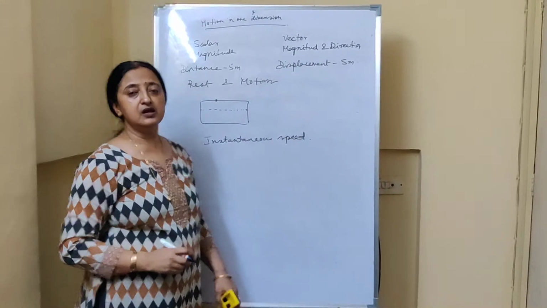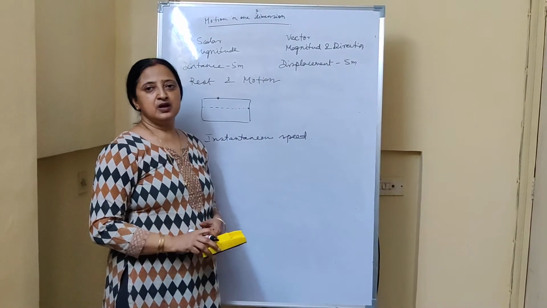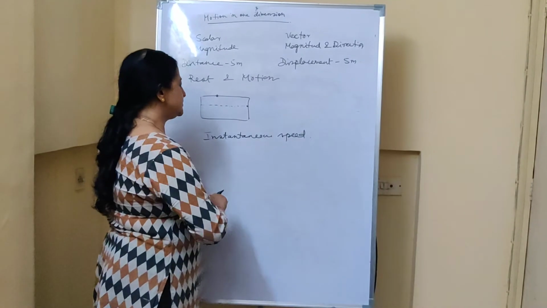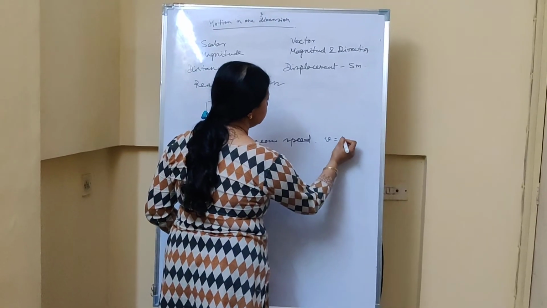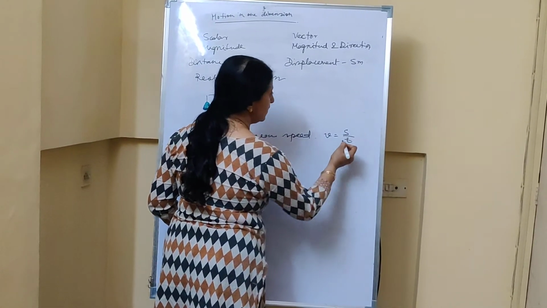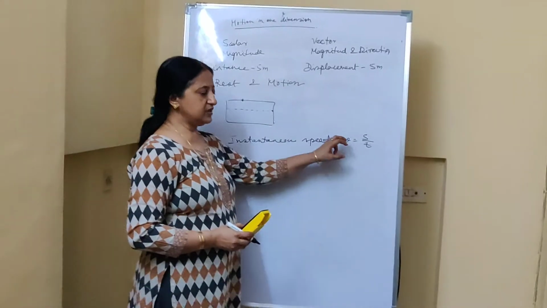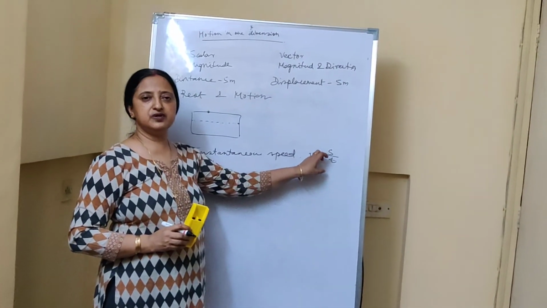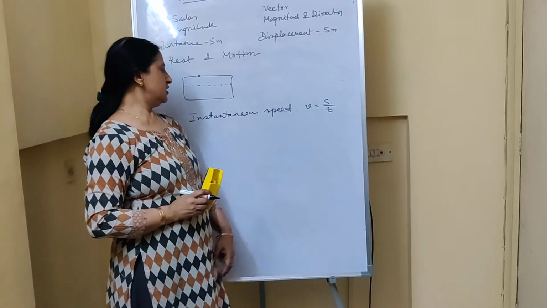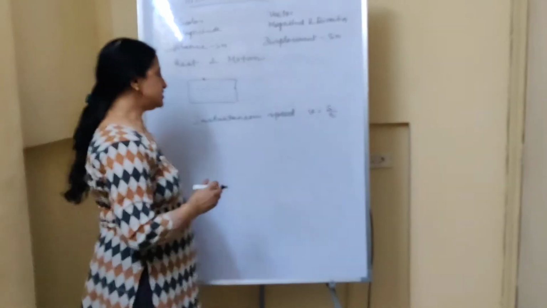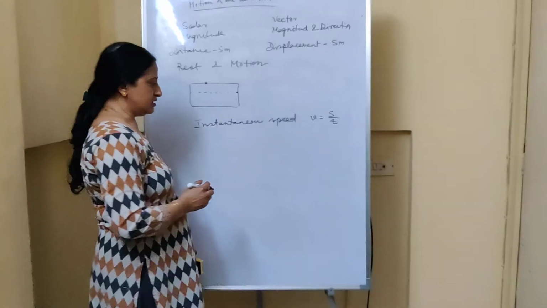This is when we calculate speed or velocity within a short interval, a short span of time. Speed is equal to distance by time. If we find the distance by time for a very short interval of time, then that is called the instantaneous speed. The car speedometer measures the instantaneous speed.